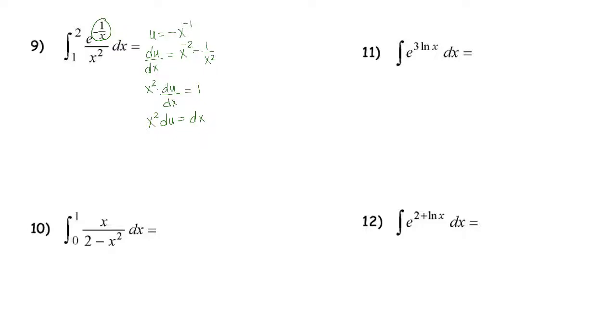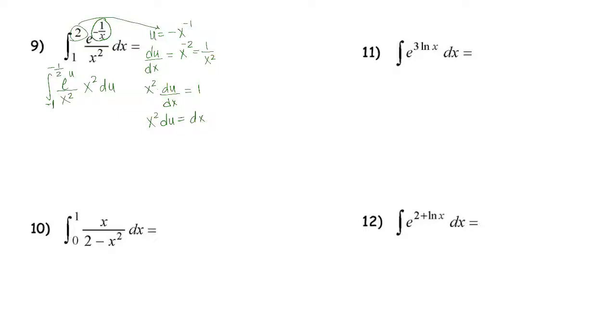Now we can come back and do our substitution, and we're seeing that this is going to work out. So I'm going to have e to the u, and then over x squared, and then filling in, we're going to have x squared du. And now we're going to go adjust our endpoints. So if I plug in a 2 here, that's going to be a -1/2. And then at the bottom, I'm going to have -1.